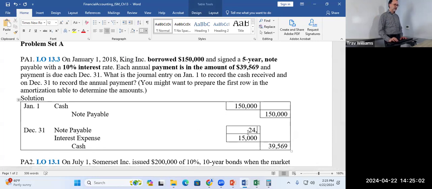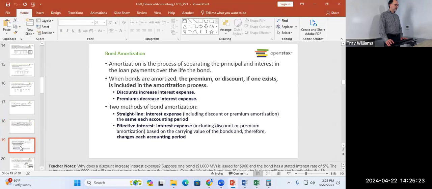And that would be 24,569, right? If you just take the total they paid, you subtract the 15,000, they paid down their note by 24,569. That's it. Done with problem number one. Okay, and what's next? Did anyone have questions on that one? Okay.